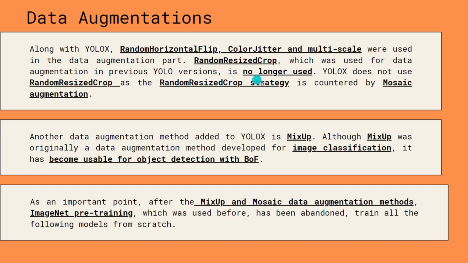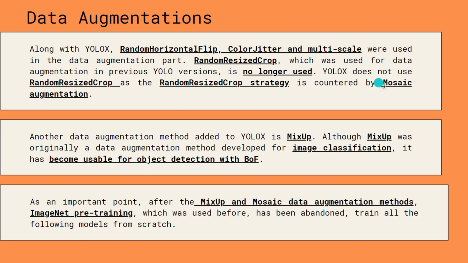So they used some data augmentation techniques that weren't implemented in the previous YOLO versions, and they removed the random resized crop data augmentation technique from the previous YOLO versions. And YOLOX does not use the random resized crop, as the random resized crop strategy is countered by the mosaic augmentation.